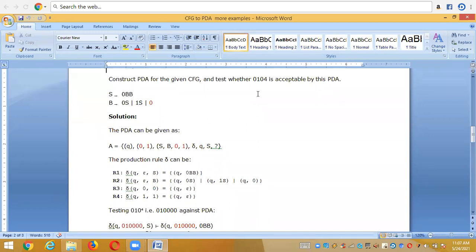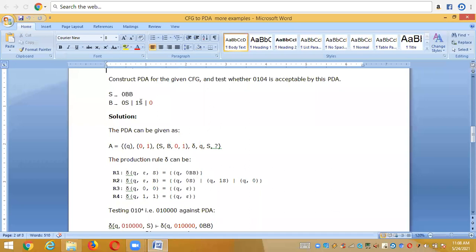So the grammar here is: S tends to 0BB, B tends to 0S or 1S or 0. And from the given grammar we are not having unit productions, we are not having epsilons, and we are not having useless symbols. How can I say there are no useless symbols? See here, if I use the rule for S, 0BB, in the place of S, finally the B's are directly defining the terminal 0.